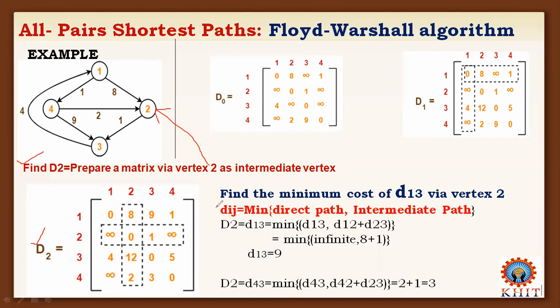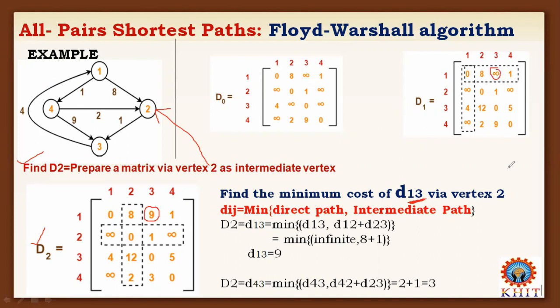There is a possibility. So here we will consider the minimum cost of 1 to 3. This is a simple example, 1 to 3. If I want to find 1 to 3, I need to find this value. So if you observe D1 and D2, these two values are changed.